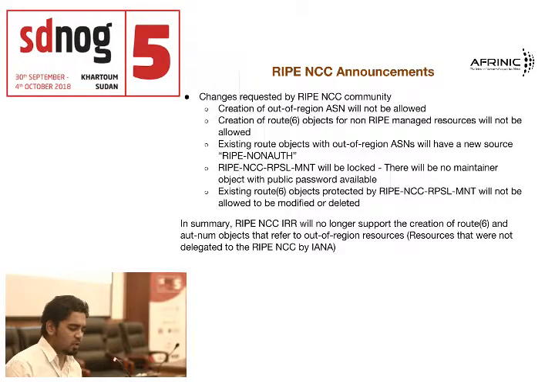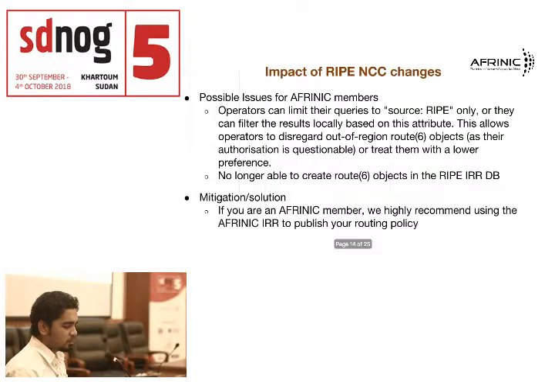And there was a public maintainer, because the password was public, the RIPE-NCC-RPSL-MNT has been locked, so you can no longer make any changes. And the objects now can no longer be updated in the RIPE IRR, and you can no longer add any new objects if you have the prefixes from AFRINIC or any of the other RIRs, except if you are from RIPE and you have the resources from RIPE directly.